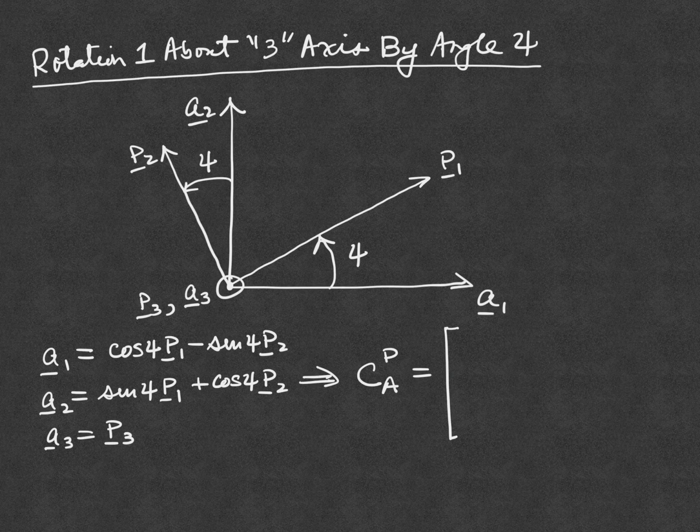So that means that the transformation from A to P is going to equal cosine of psi, minus the sine of psi, 0, and then sine of psi, cosine of psi, 0, and then 0, 0, 1.